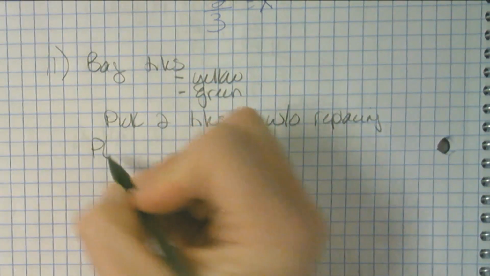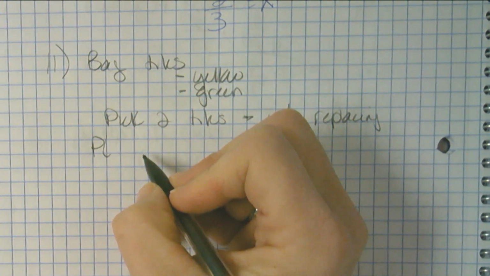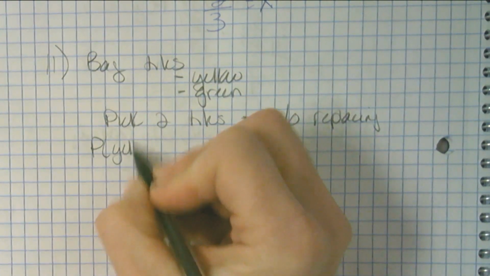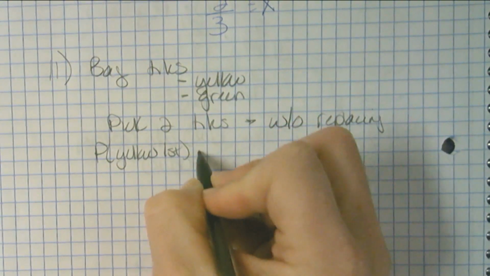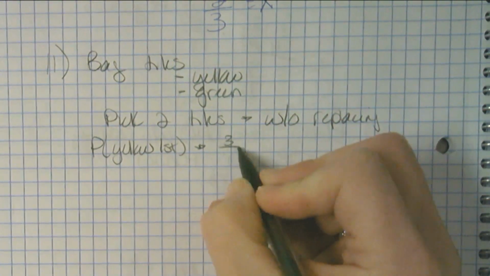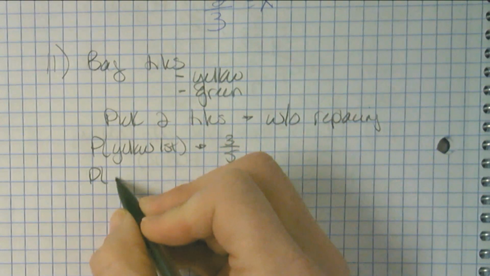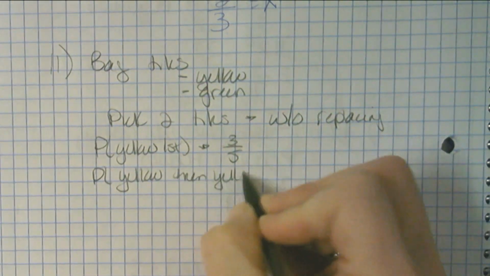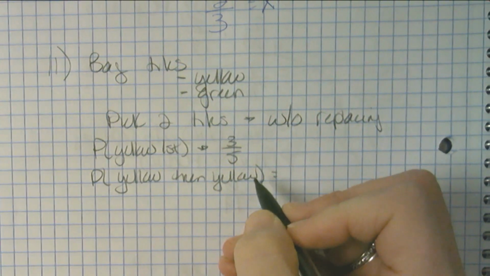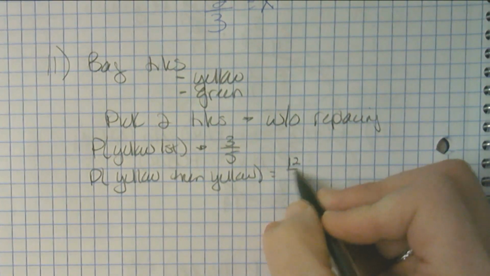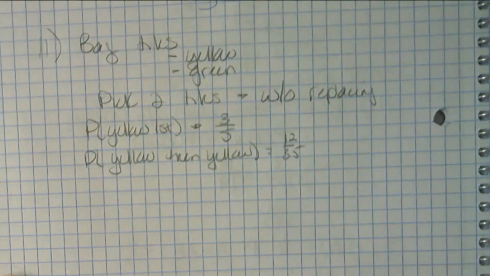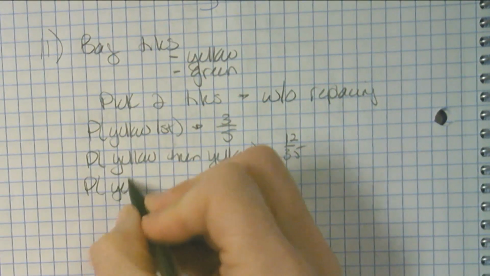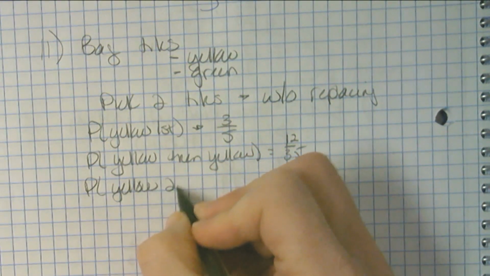So they tell us the probability of picking the yellow first is 3/5. They tell us the probability of a yellow and then a yellow is 12/35. We want to know the probability of picking a yellow the second time.